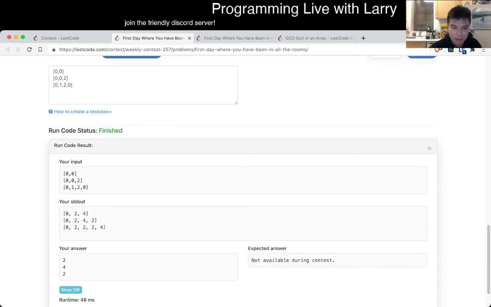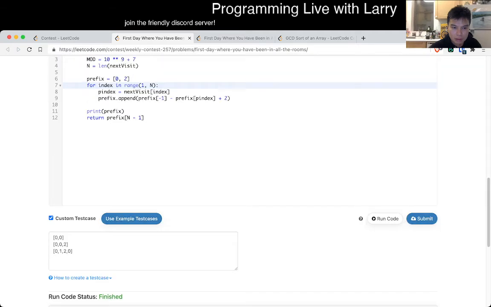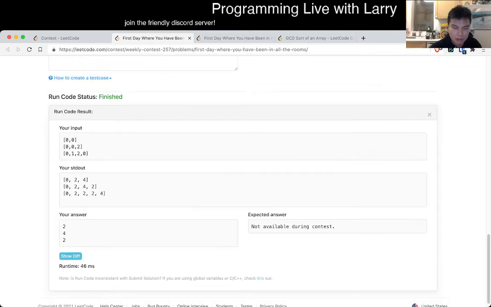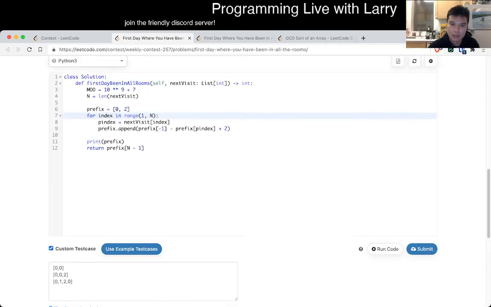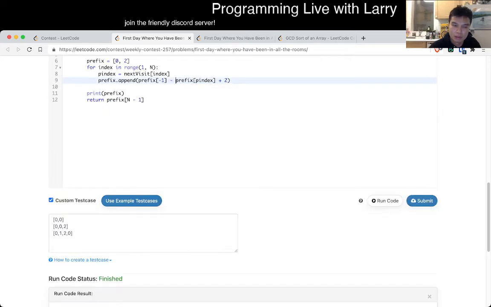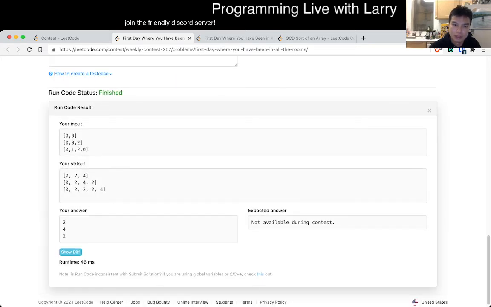Well, this is clearly not 2, so this should be, okay, so this is 1, so this should add 2, so this means the last number minus this plus 2. So this is not right, because p index of 1 should be 0, so this should just contain 2, right? Am I saying that right? That's what I wrote down, but I think I messed up something.